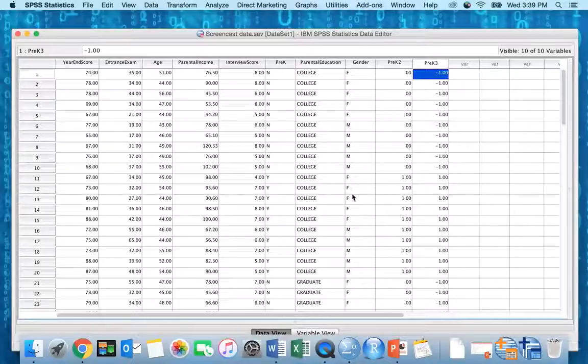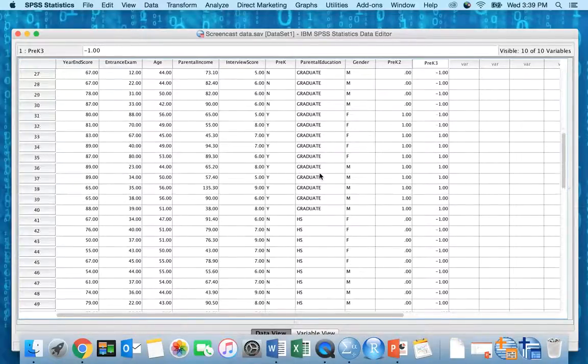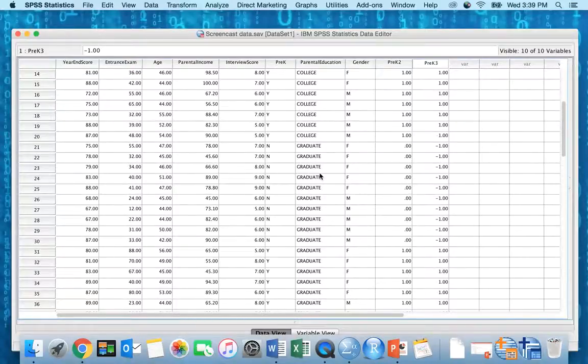Let's forget about pre-K right now, which is a dichotomous predictor, and talk about a categorical predictor with 3 levels. Now, one could make an argument that this is ordinal data, not categorical data, in that you could argue that high school progresses to college, then to graduate, so that there is some type of trend there, but it's probably not linear.